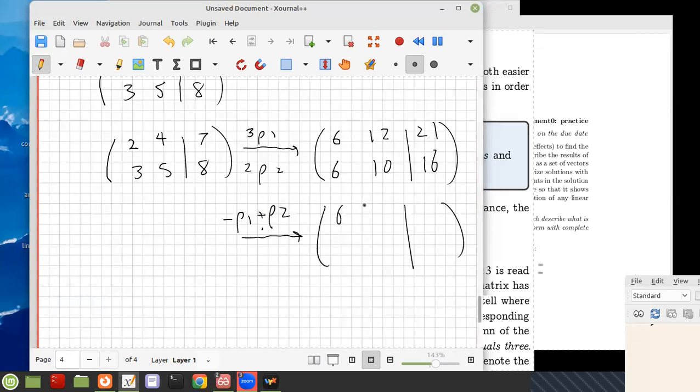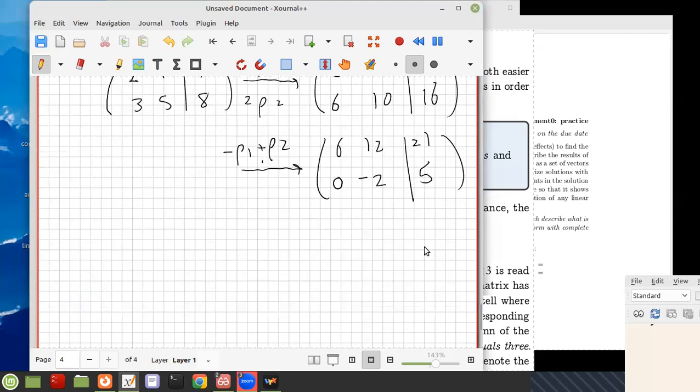And I get 6, 12, 21, 0, because minus 6 plus 6 is 0. Minus 12 plus 10 is minus 2. And minus 21 plus 16 is 5. And then I can see it's an echelon form. The same way, each column has zeros under it.